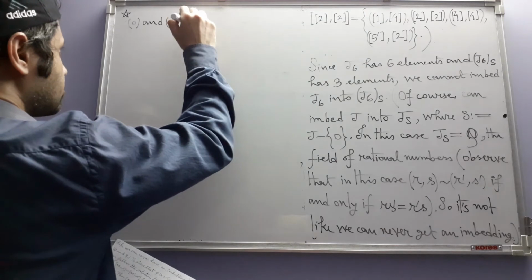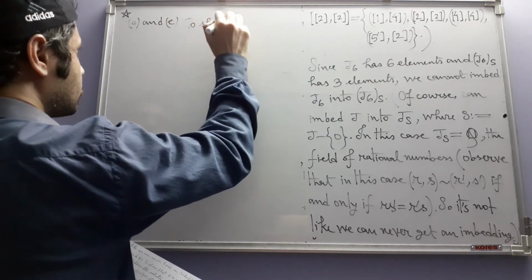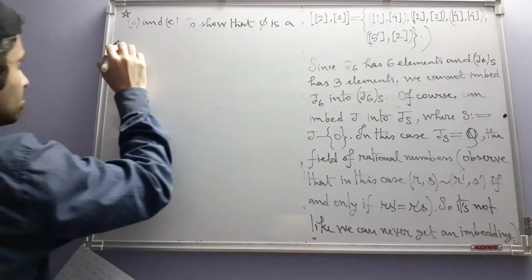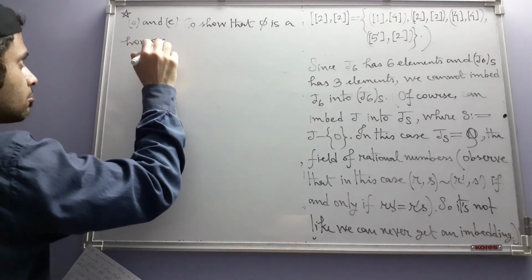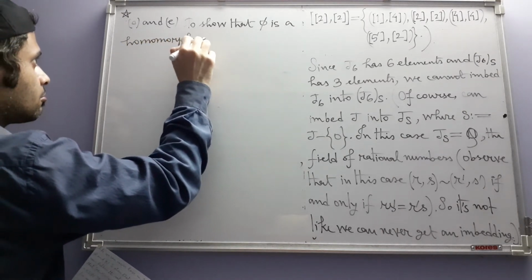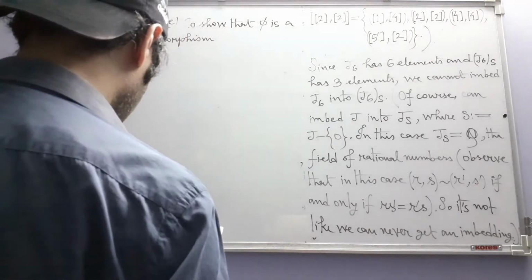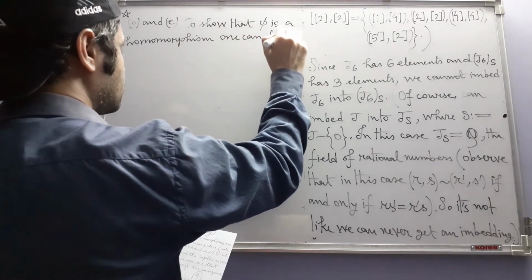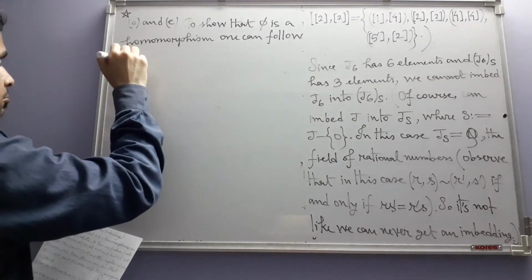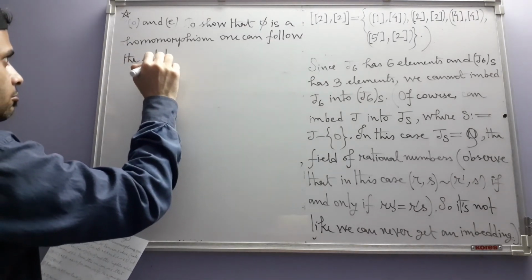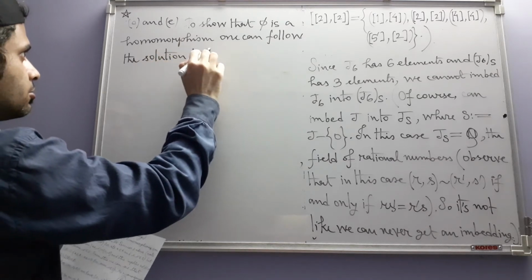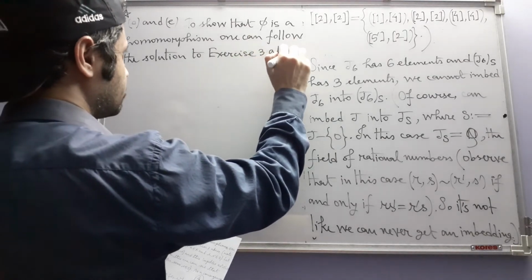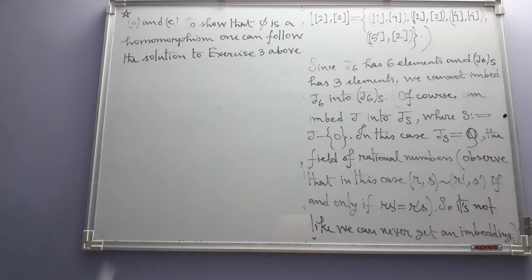To show that phi is a homomorphism, one can follow the solution to exercise 3 above.